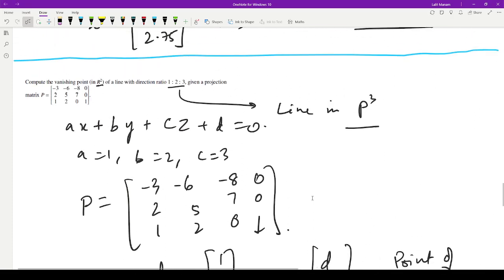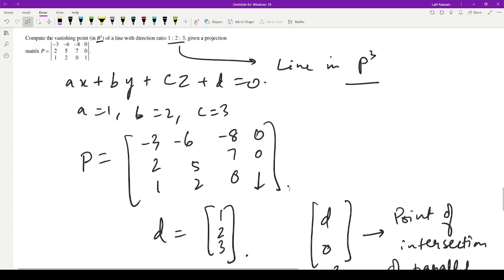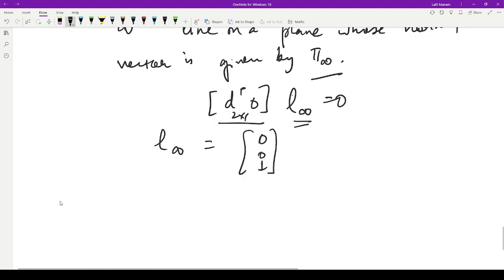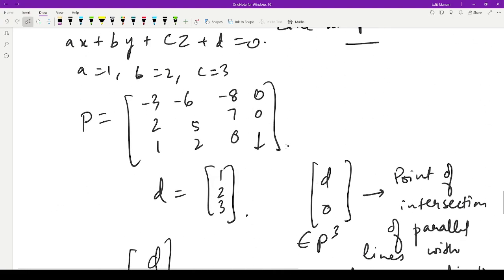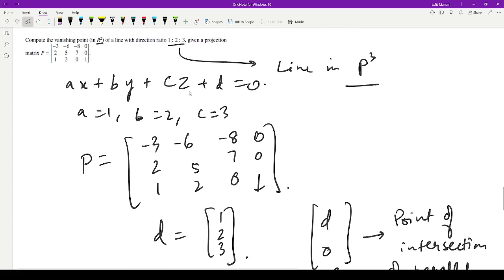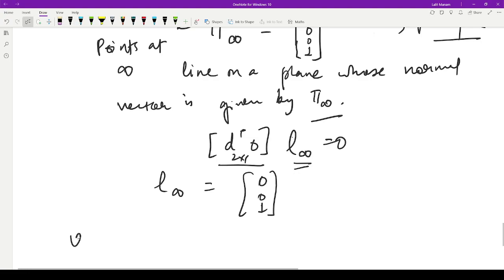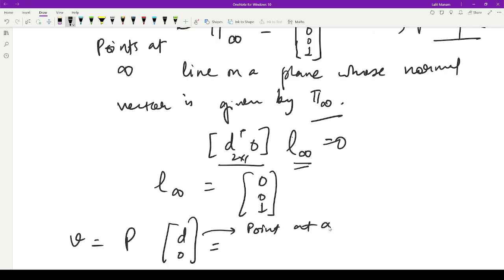Okay, so coming back to the question, where are we? We were given the projection matrix and the direction vector D, which is 1, 2, 3 in the cosine ratios. So given this, how do we get the vanishing point V? P times D0. So we are trying to map the point at infinity to the image plane.